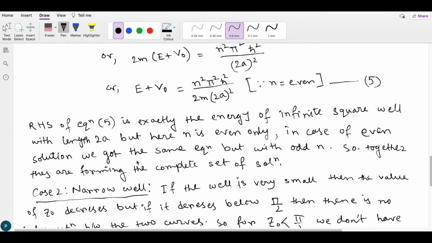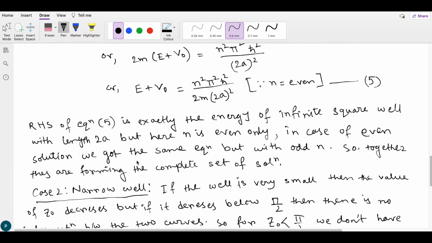The RHS of equation 5 is exactly the energy of an infinite square well with length 2a, but here n is even only. In the case of an infinite square well, we have n equals 1, 2, 3 up to infinity. It can have any integer value, but here we can only have even values of n.